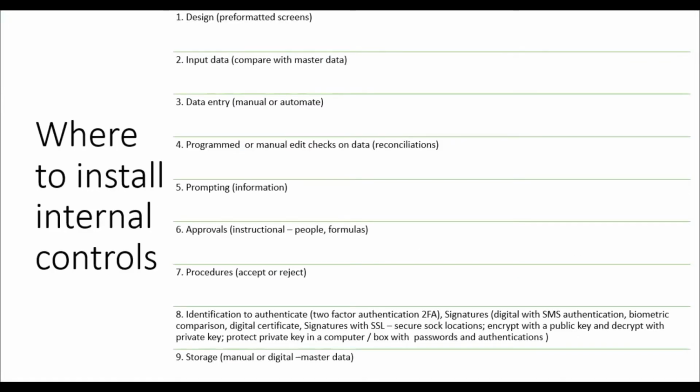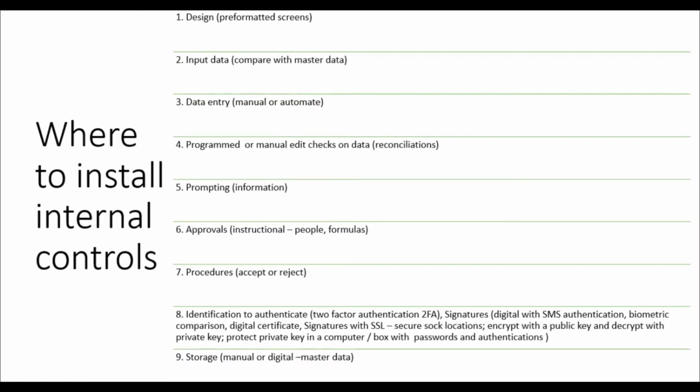So where to install internal controls? Here are some examples. In the design, the enterprise can have pre-formatted screens when designing the screens. In inputting data, it can ensure that the input data are compared with master data.